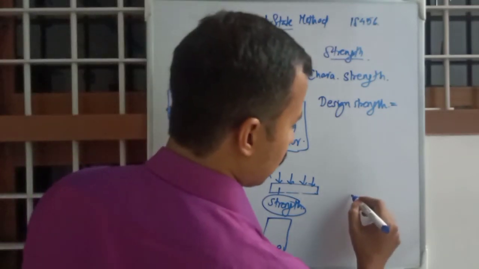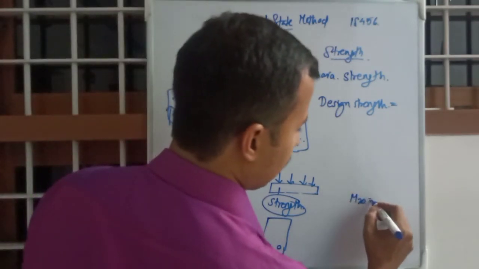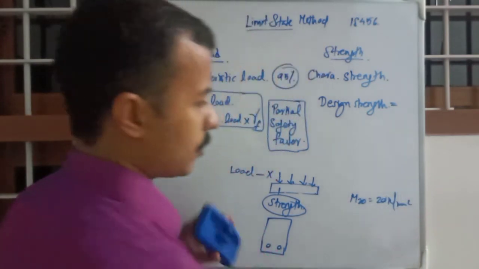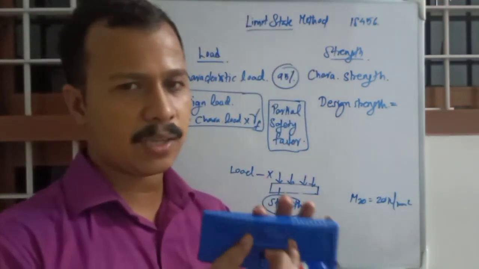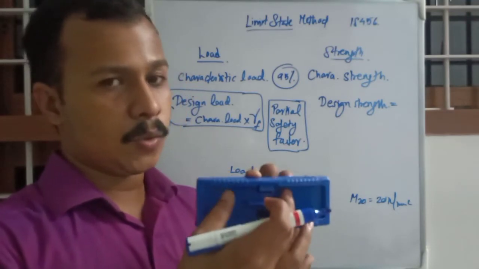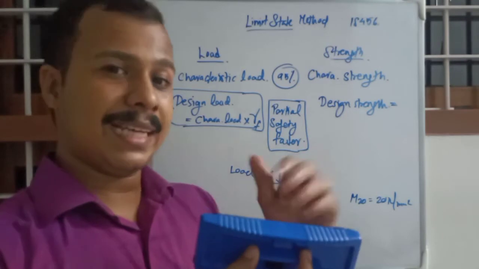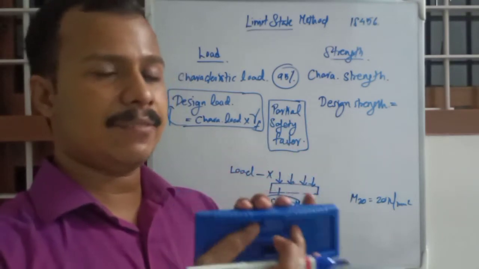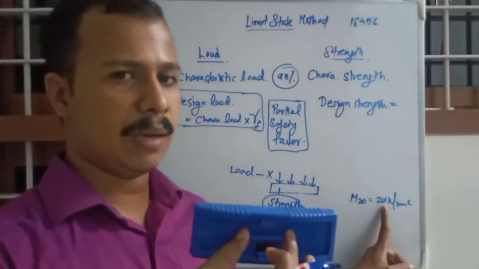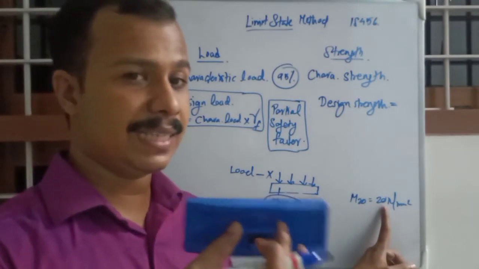Suppose M20 fck is 20 Newton per mm square. Considering only concrete, experimentally we know that it will endure 20 Newton per mm square compression. But will we design for that?